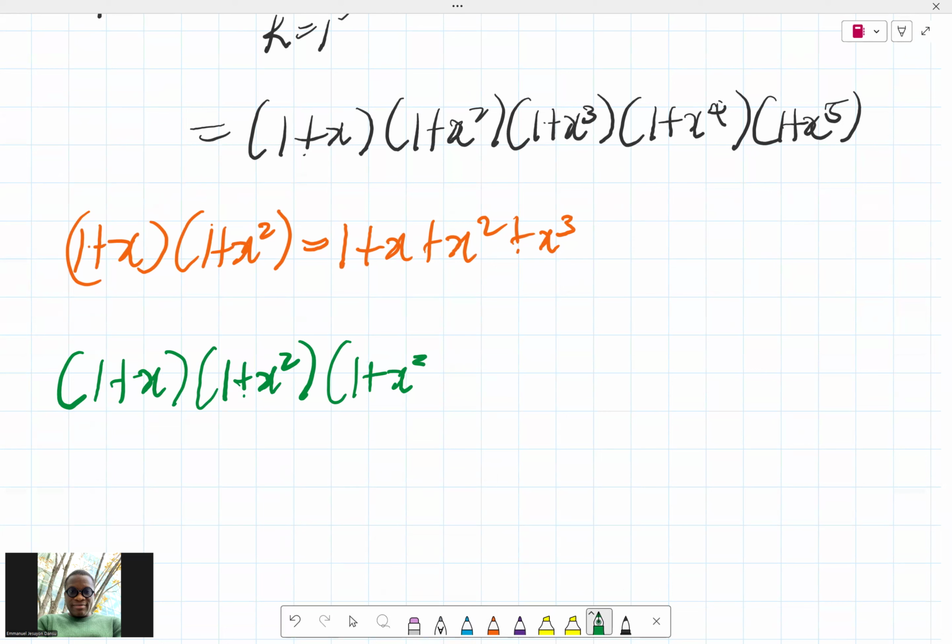Sorry, 1 plus x cubed. That's the next thing we have. So if you multiply this by 1 plus x cubed, we already have this part, right? So this part is that part.